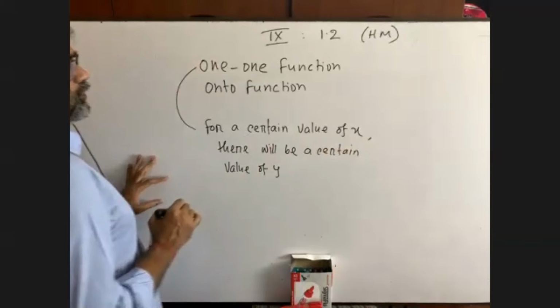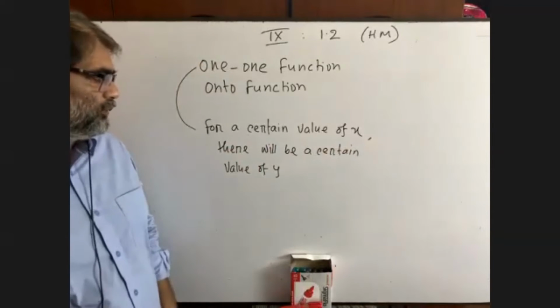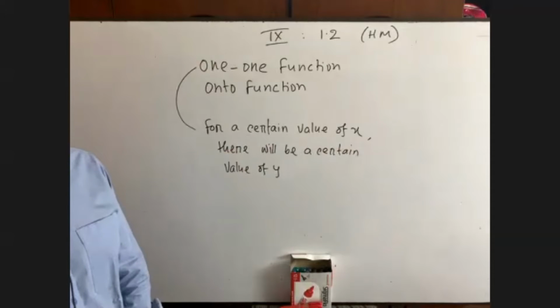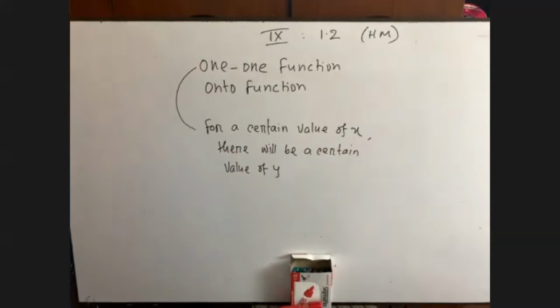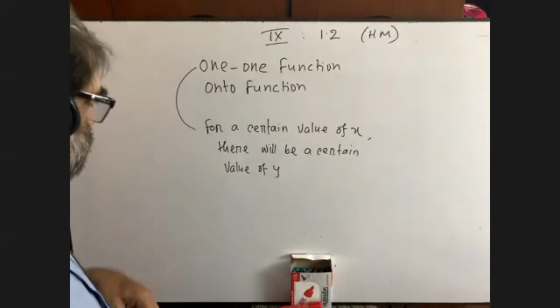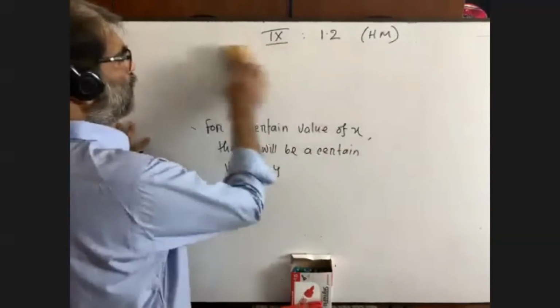This is called one function. You see, for a certain value of x, there will be a certain value of y. One for one. One function means one for one.